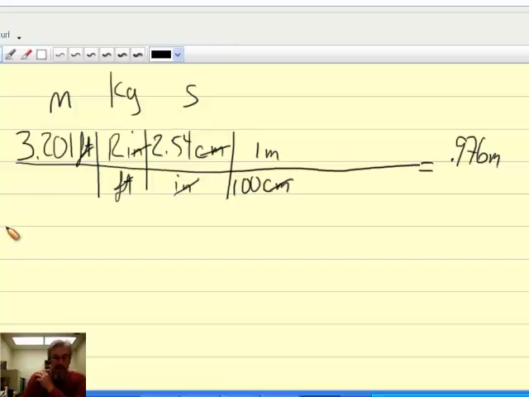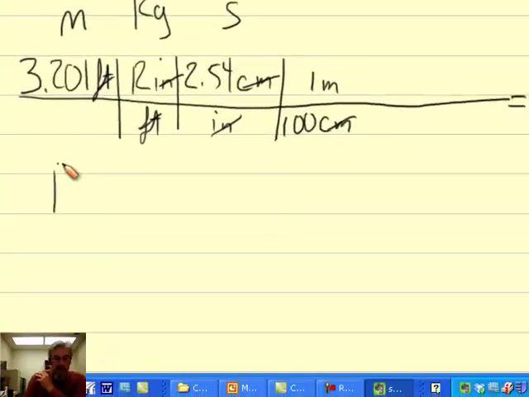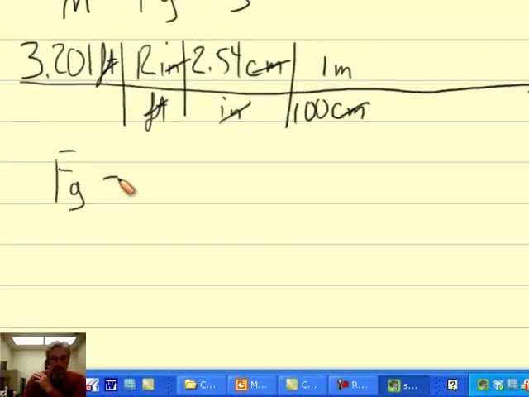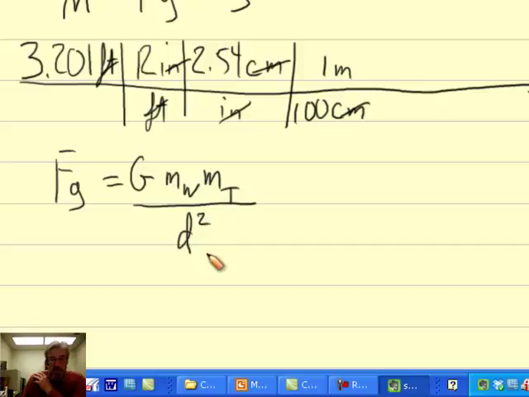Okay, now let's take that and put that into the equation for gravitational force. The force due to gravity, remember, is G times the mass of the first object, which is going to be Wally, let's say, times the mass of the second object, which will be Tony, divided by the square of the distance between Wally and Tony. Let's plug in some numbers.